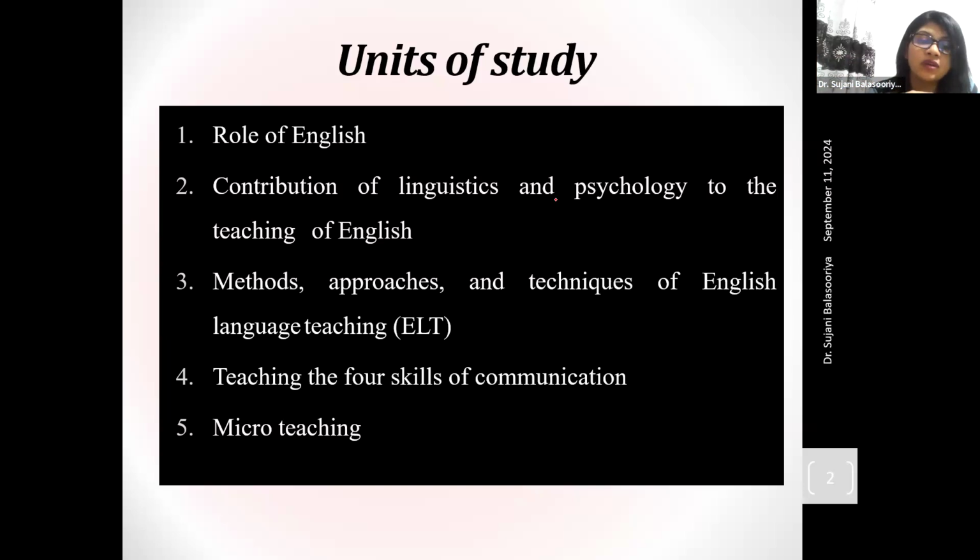You know what is meant by 4 skills: listening, speaking, reading, and writing, right? Then how to teach or improve the speaking skills of the students, and how to improve the reading skills, writing skills, listening skills of the students. That is what we are going to focus on in unit number 4, right?